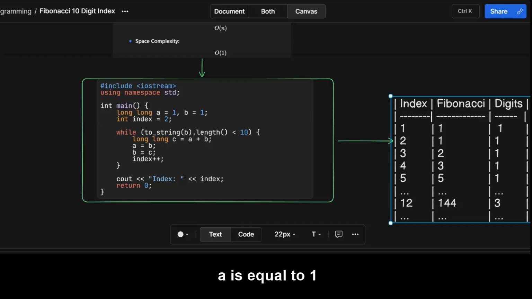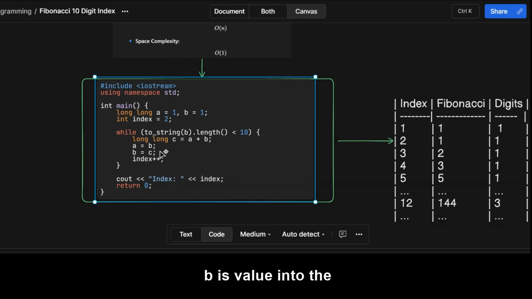Now we count the length of the string, which is 1, and we increment our index and put the newly generated value into b and b's value into a. This is how we generate the Fibonacci series until we get a length of 10.